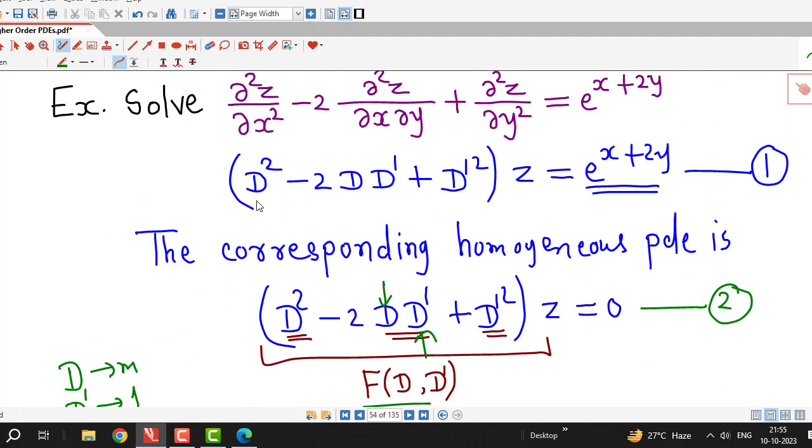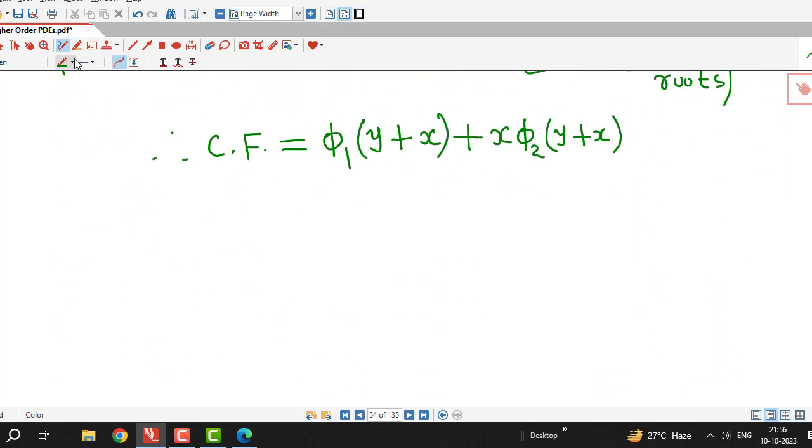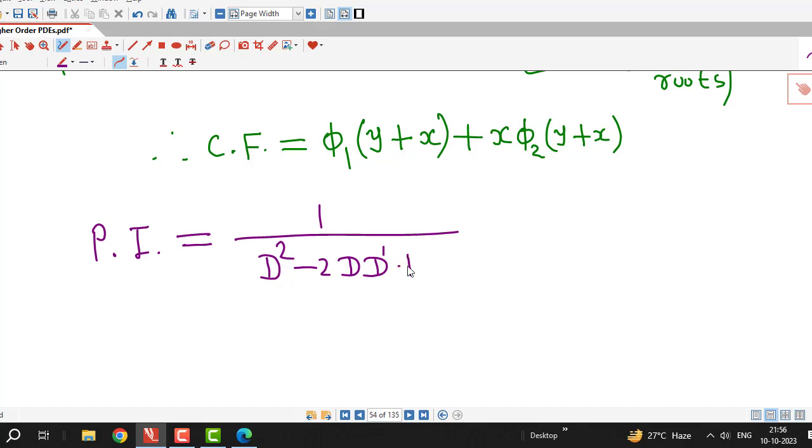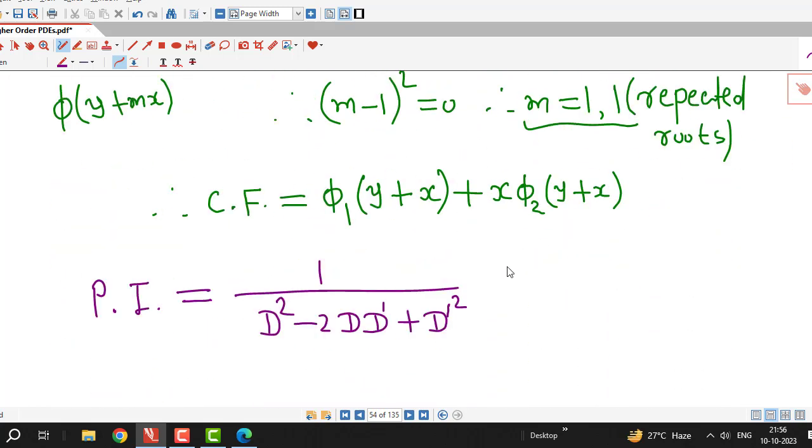Now for the particular integral we have z equal to 1 over this quantity applied to e raised to x plus 2y. So now we try to write down the particular integral using the shortcut method. The particular integral is 1 divided by (D squared minus 2DD' plus D' squared), and the function on the right hand side is the exponential function e raised to x plus 2y.